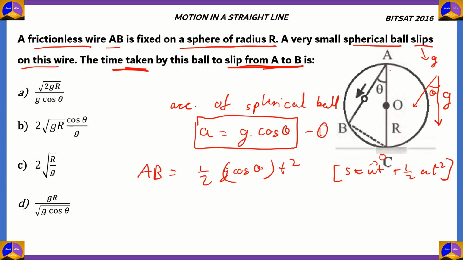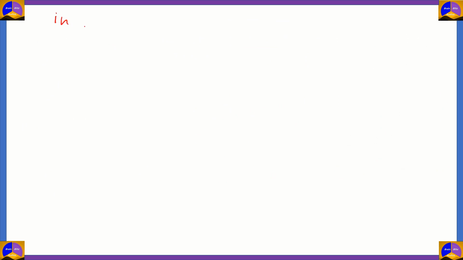Now, let's look at the triangle ABC. In the triangle ABC, you notice that this is a right-angled triangle, and also the hypotenuse is the diameter of the sphere. And AB is a chord, so you need to find out its length. In triangle ABC, the value of cos theta will be the adjacent side to that angle divided by the hypotenuse.